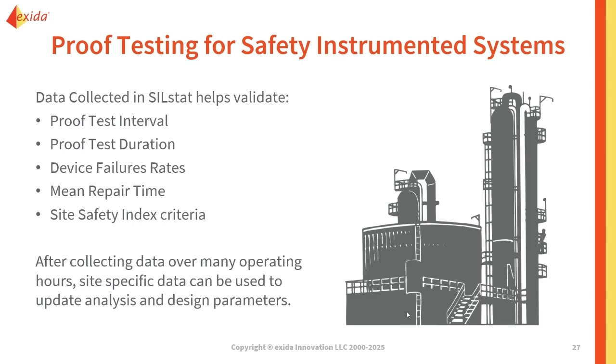And by really honing in on this proof test strategy, we're able to ensure that our safety system can effectively respond to any hazard scenarios in order to ensure that our sites are safe. We want to make sure that our personnel is safe, that our equipment is not being damaged, and that we're keeping the environment safe.